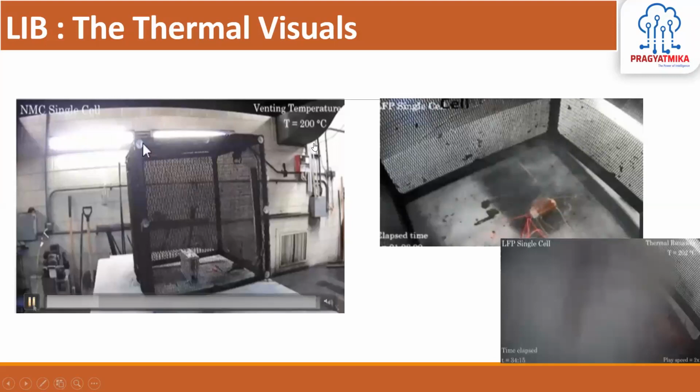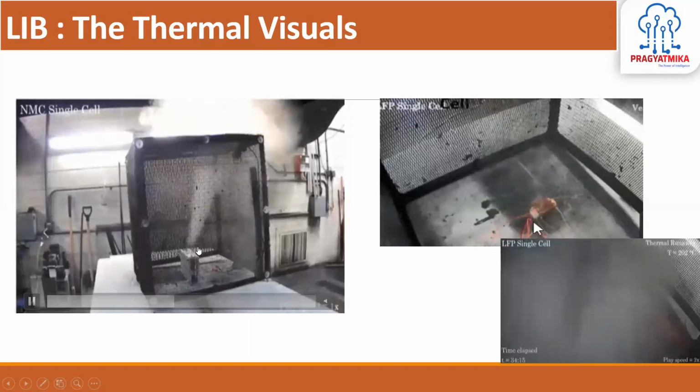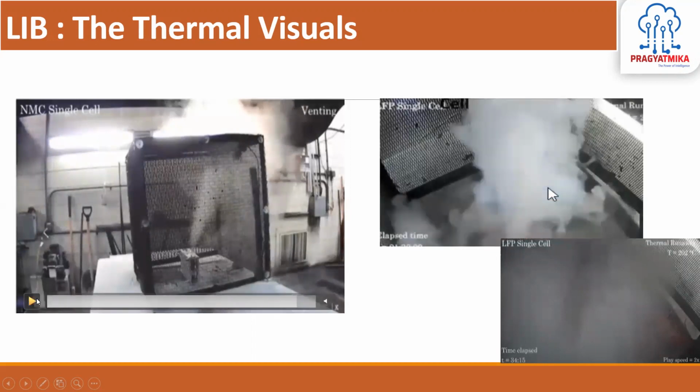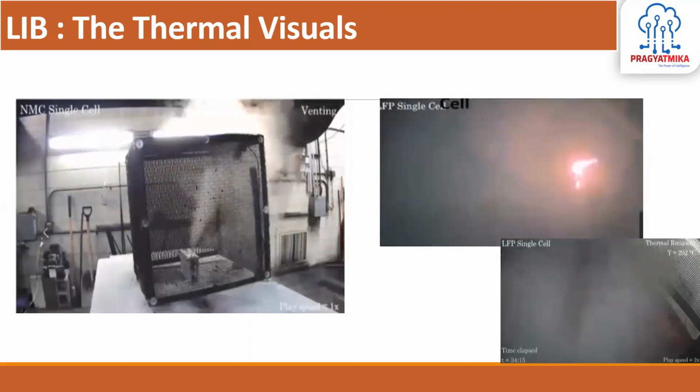Here it is 200 degrees centigrade, as you can see. This is a thermal chamber, and in this is an NMC prismatic single cell structure. And you see there is a vent structure. So even once the temperature has gone to 200 degrees centigrade, there was the vent inside the cell, through which the gases are emitting out.